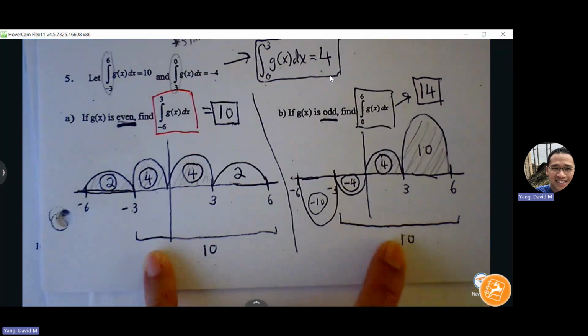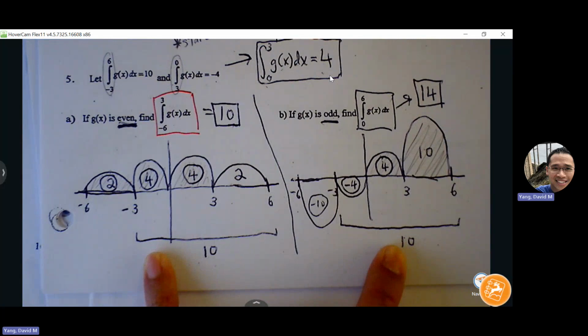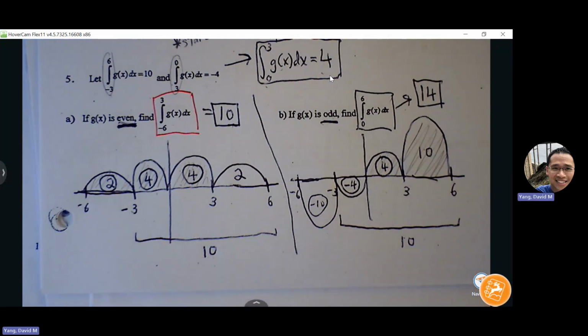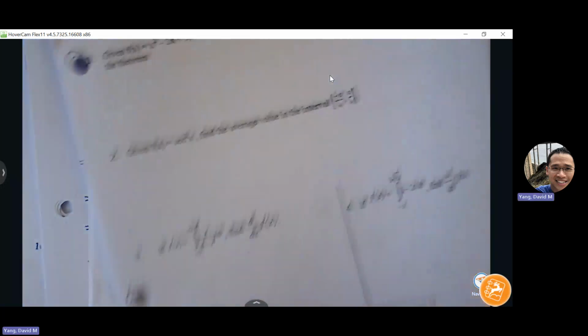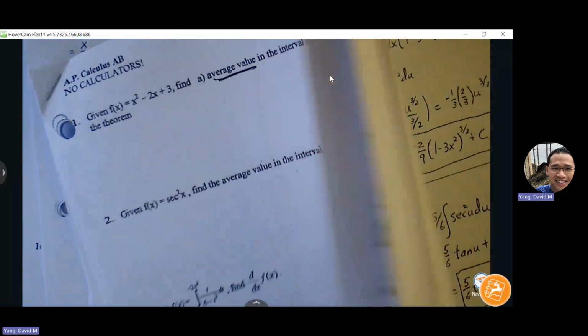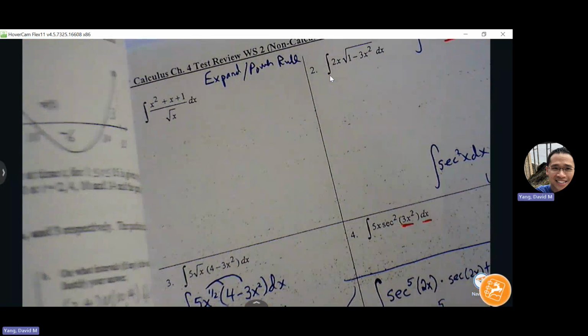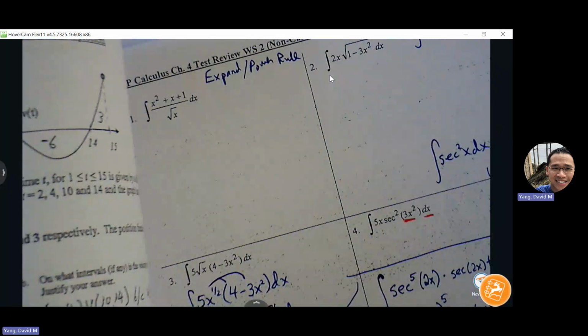It's not on this test review, but it's even and odd functions. But I think hopefully we did enough of those where you feel pretty comfortable with that process. So that's the only thing that is not on the review sheet that will be on the test. There's even and odd functions. Yeah. So it's not on page 13, 14, but you'll see that on the test.